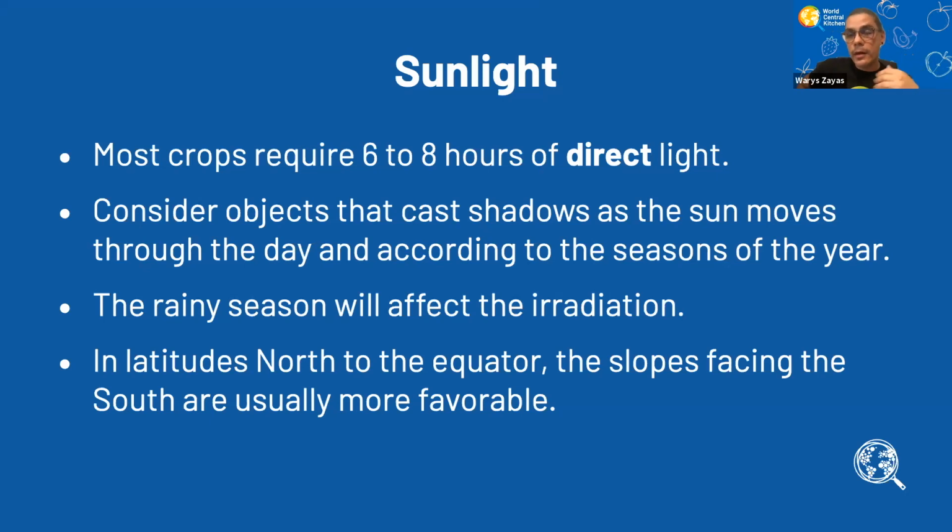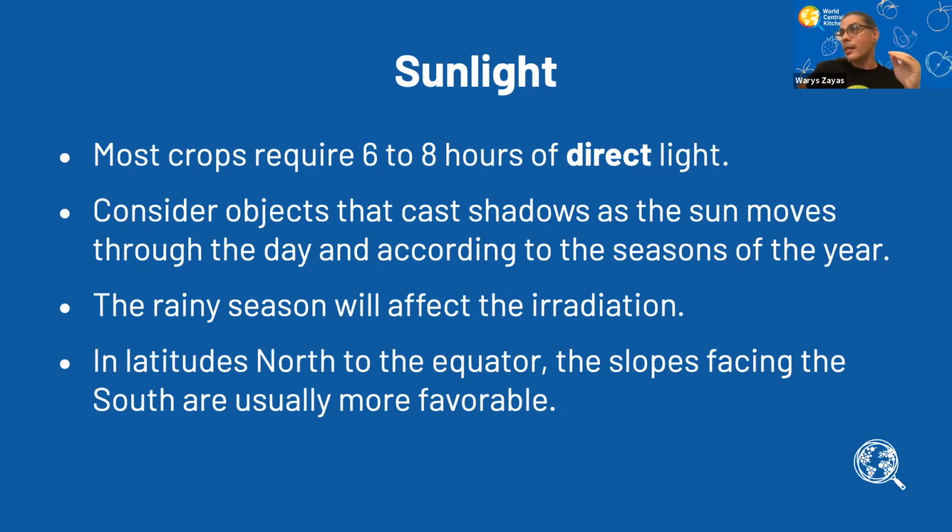On the phone I asked them if they were getting enough light, 6 to 8 hours, and they said yes, they have light, but when I went there, it was light of the day, but not direct. What we mean by direct light is that in each part of the field where the crop will be, if you stand at any point, you can see the sun directly.